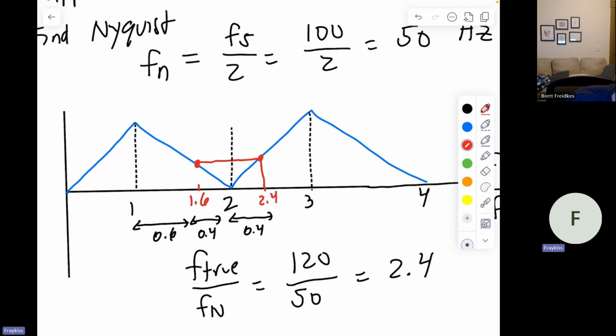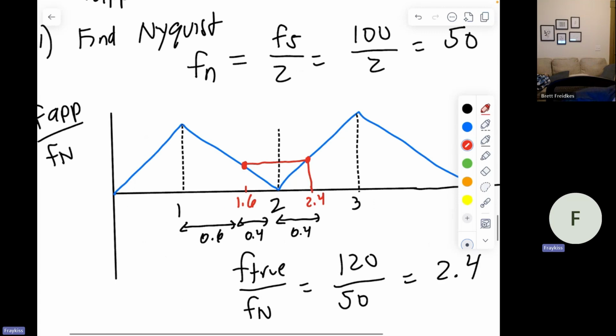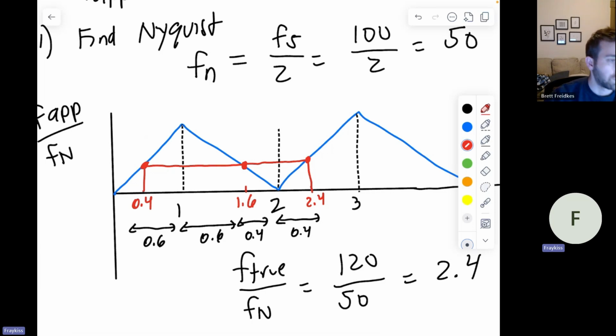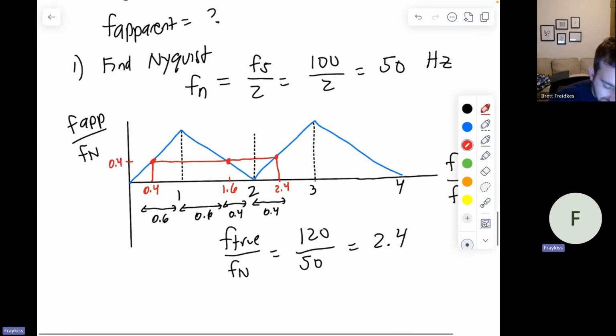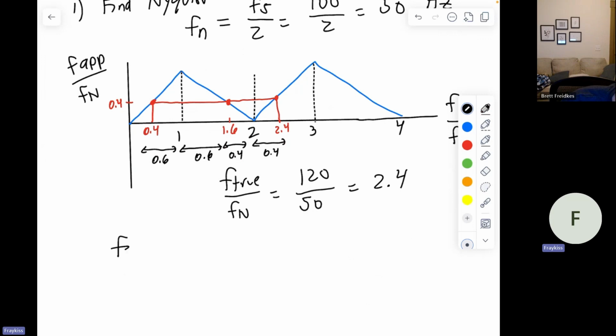So I'm going to fold this over to here, where now this distance is 0.6, which means that this x value here has to be 0.4. And because of that symmetry, we know that F apparent over Fn has to be the same as 0.4.